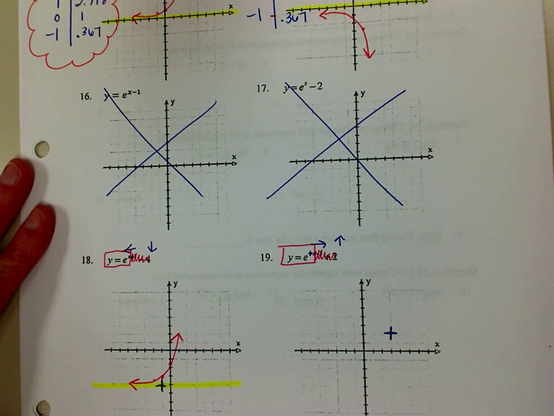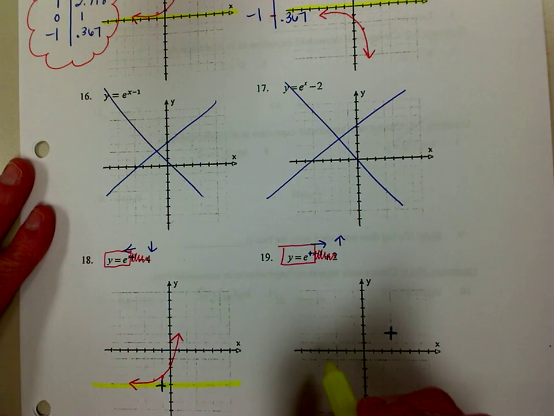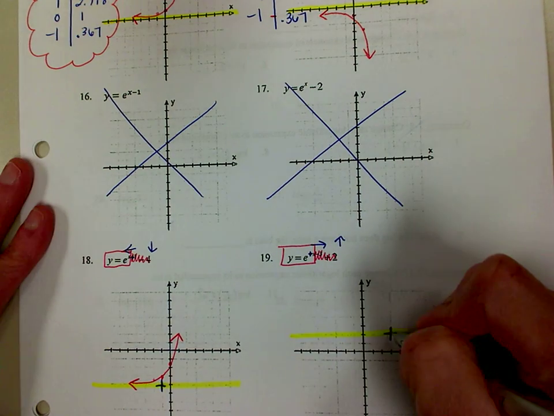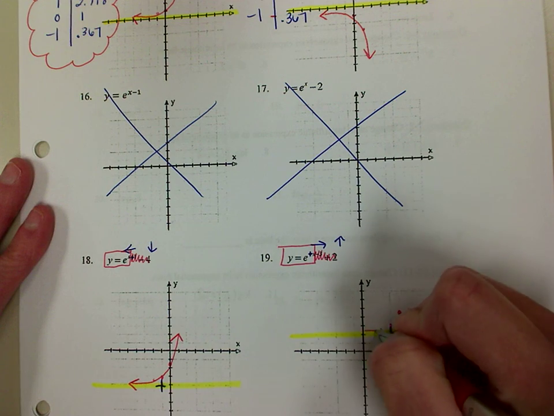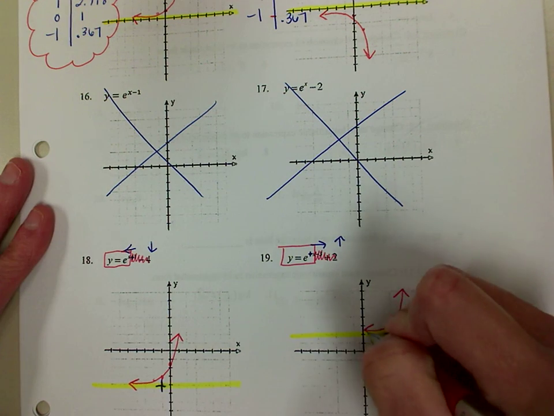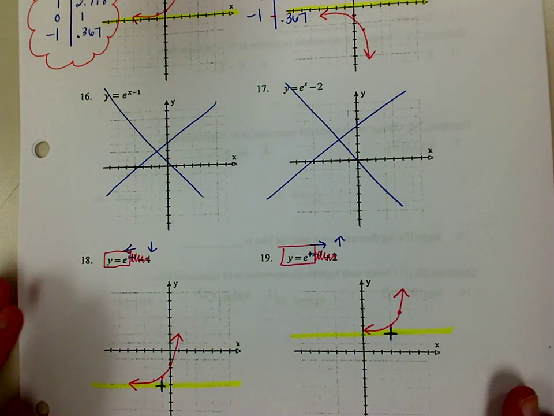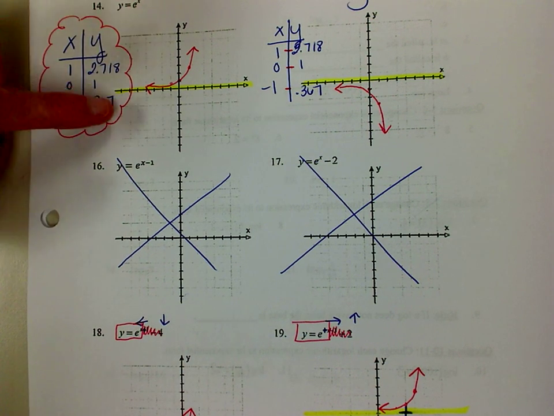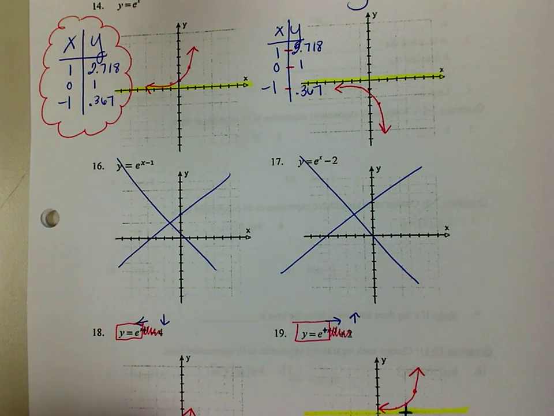So I'm going to use the same table that I used on 14. But before I plot those points, I have to draw in my new x-axis. And now I'm going to plot those points. Okay, and again, the reason I'm using the same table is because they all have a base of e. This is the table that you use when your base is e.